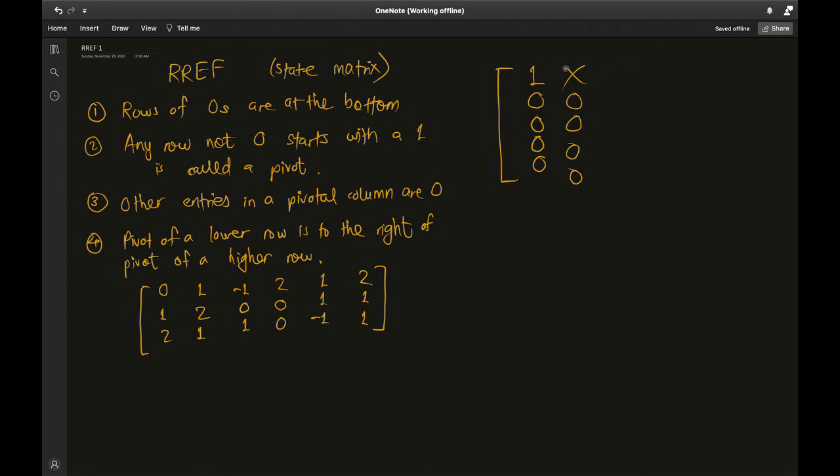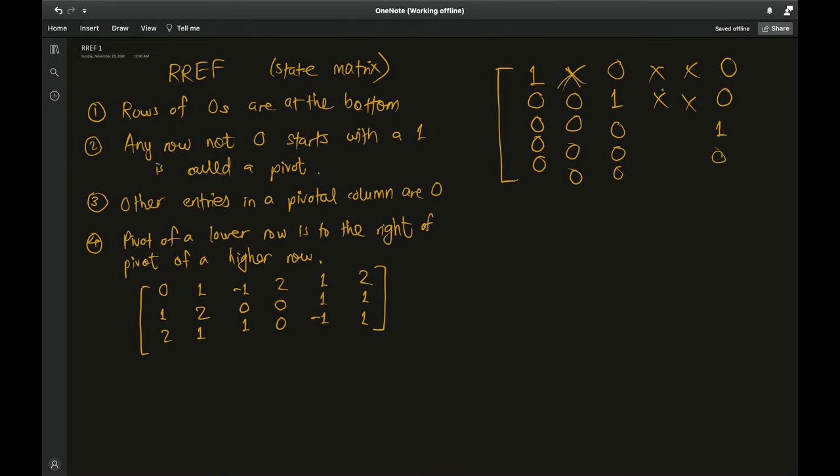Fine. And since you can't do anything with this column because you can't have a 1 over here, you move to the next column and then you get the next pivot. This pivot is 1 row lower than the previous pivot, and the pivotal column has zeros everywhere else, and probably some arbitrary element here, so you leave that column, and then the next pivot is over here.